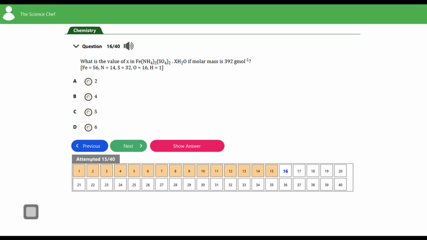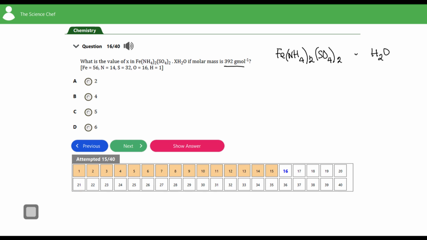Okay, we're looking for X, right? So we have Fe, (NH4)2, and (SO4)2. This is a double salt, and H2O, right? If the molar mass is 392 grams per mole, good. So to get the molar mass, yes, we already know the molar mass of the compound.